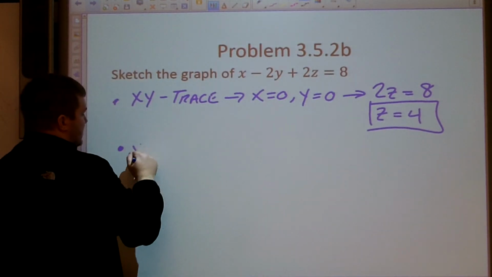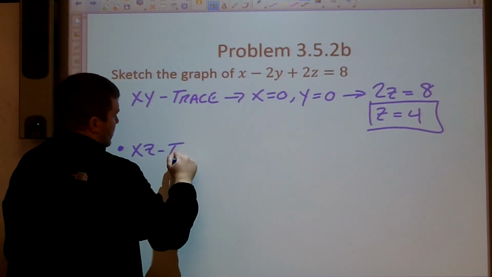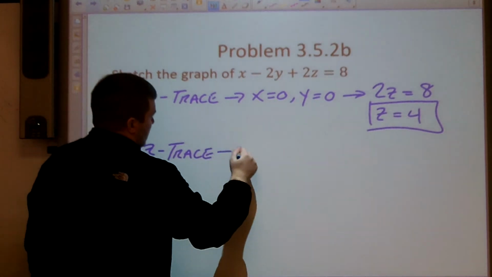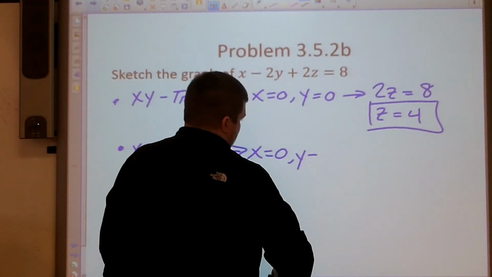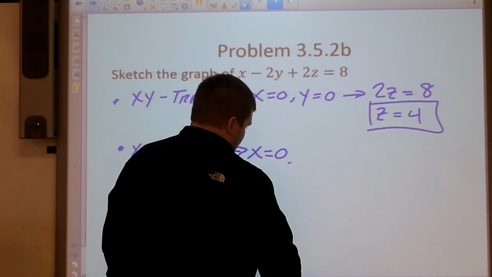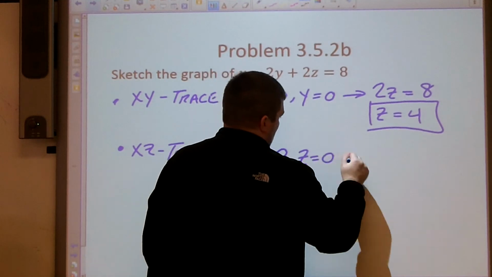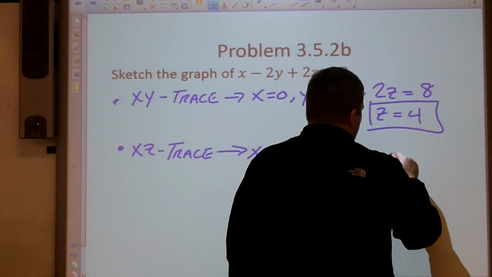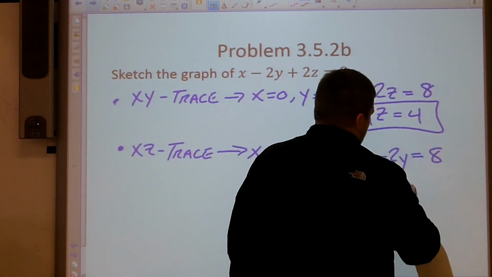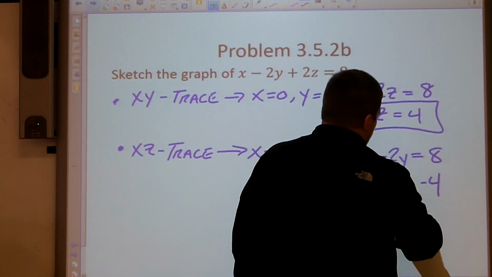So that's my xz trace. So x equals 0. Or z equals 0, excuse me, which means I have negative 2y equals 8, so y is equal to negative 4.